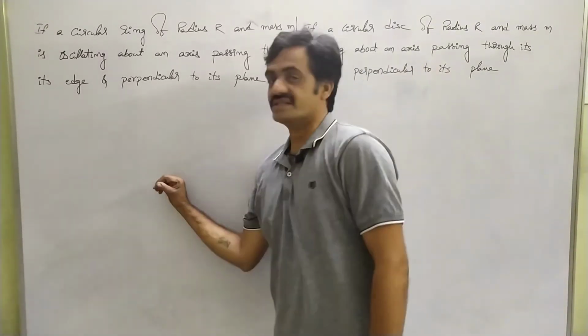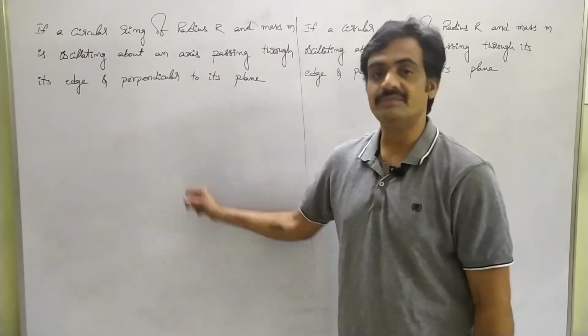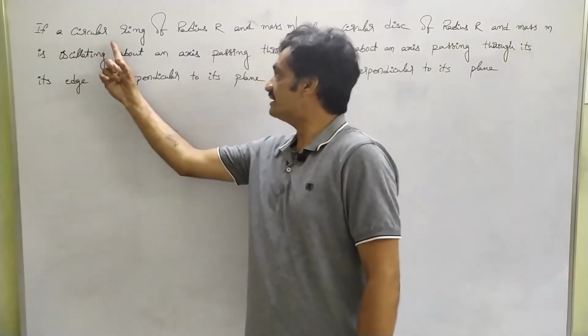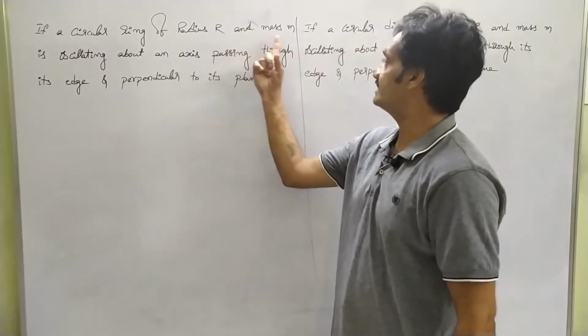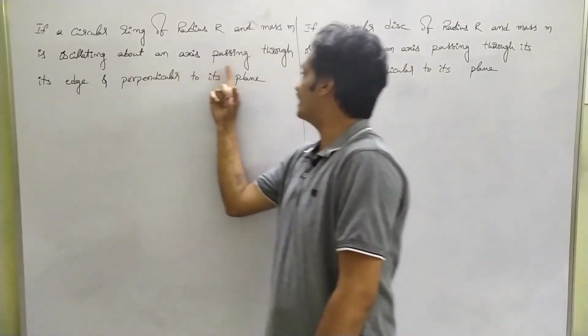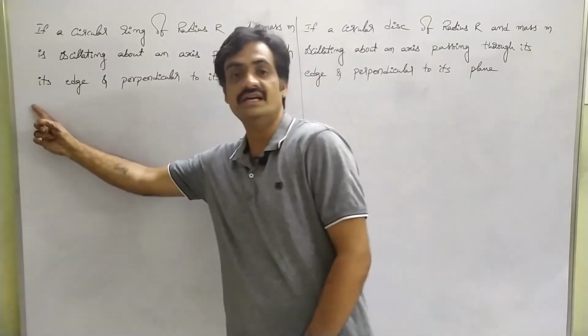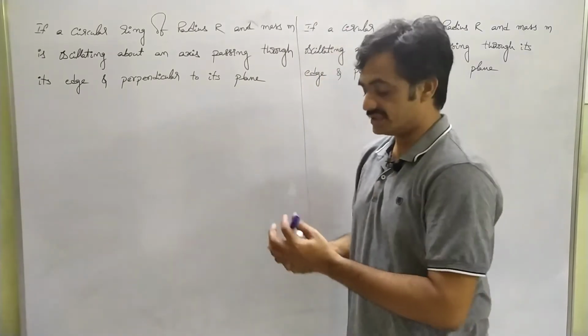Okay, now we are going to represent some cases regarding this physical pendulum. Observe that we had considered a circular ring of radius r and mass m, oscillating about an axis passing through its edge and perpendicular to its plane.